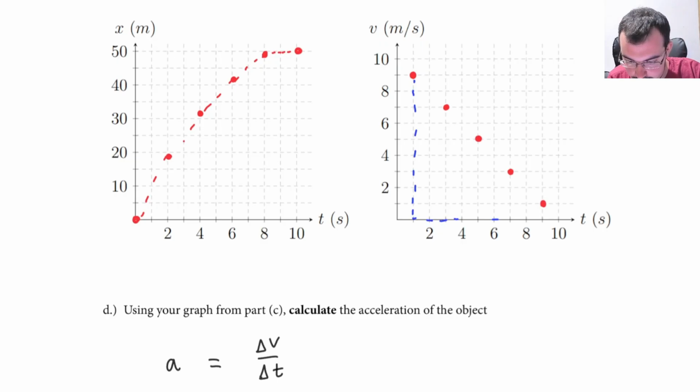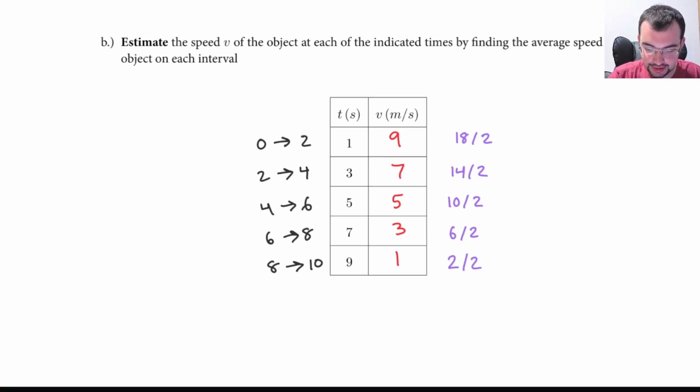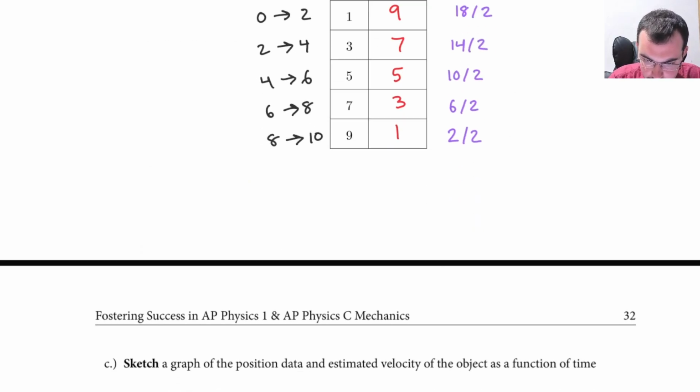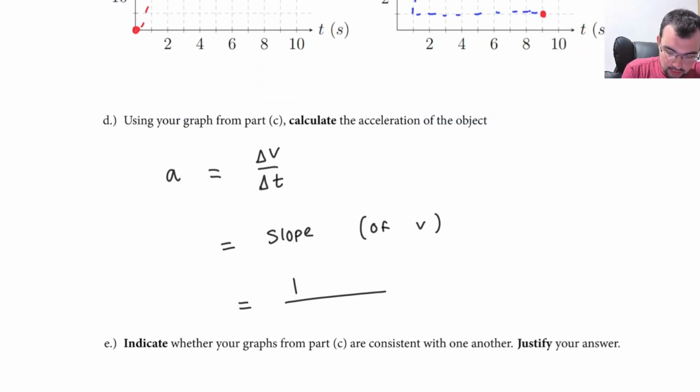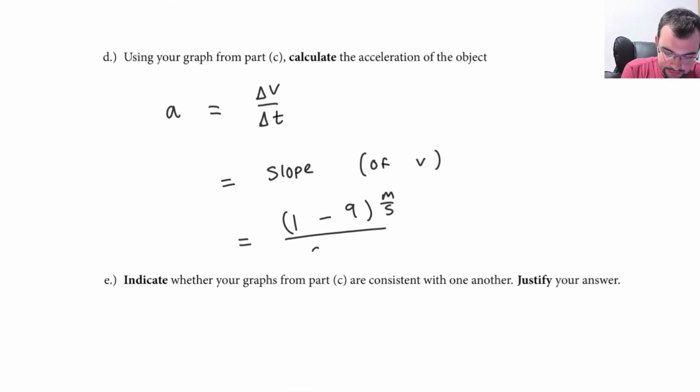We'll just do it by hand: 1 minus 9 meters per second, divided by 9 minus 1 seconds, which is negative 8 over 8.